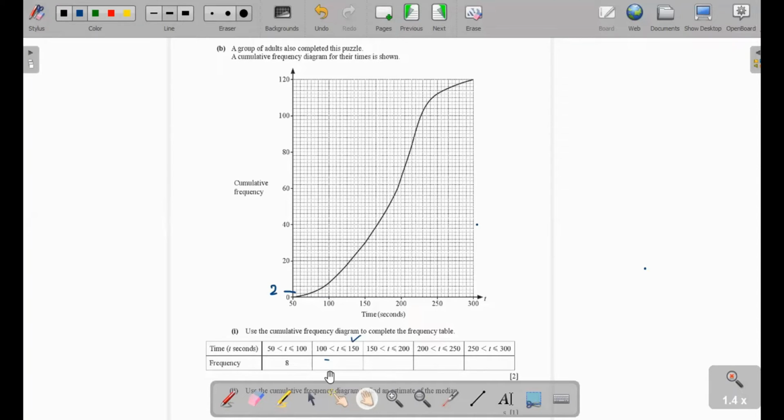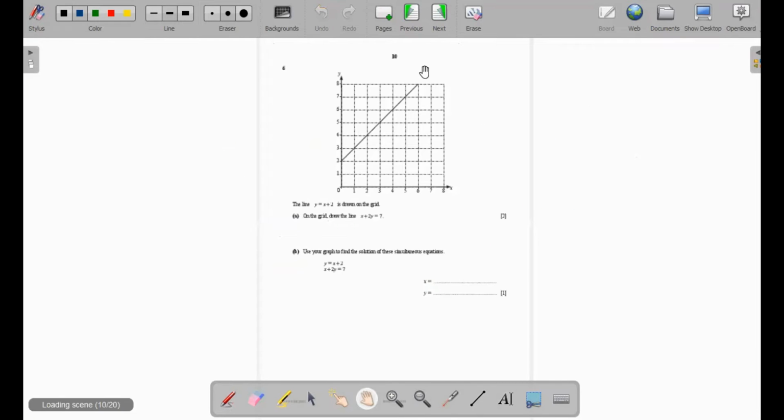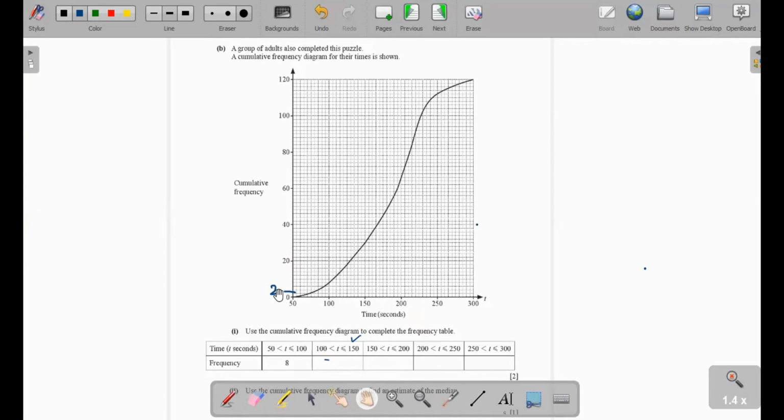Firstly, we will find the small square value along the y-axis and along the x-axis. We see that 20 adults equal 10 small squares.